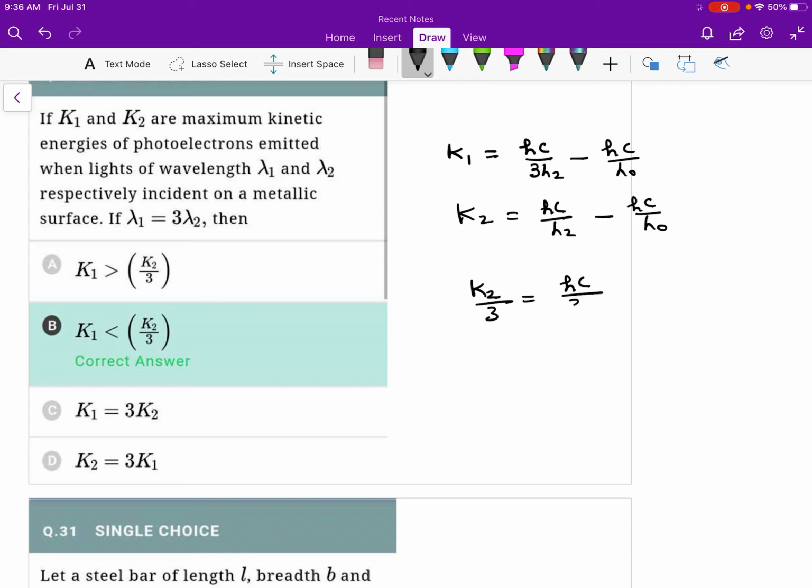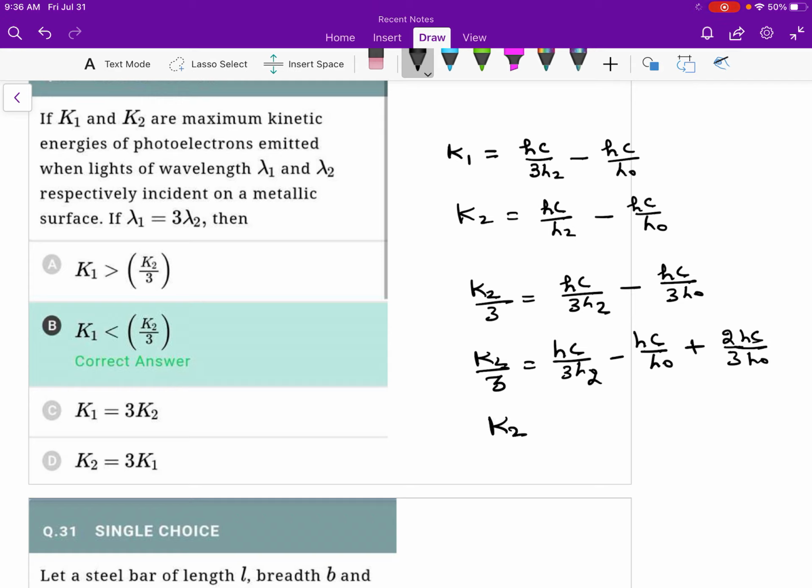So K2 by 3 is hc by 3 lambda 2 minus hc by 3 lambda naught, which is hc by 3 lambda 2 minus hc by lambda naught plus 2 by 3 hc by lambda naught. So that is minus hc by 3 lambda naught. Alright. So K2 by 3 is K1 plus 2 hc by 3 lambda naught.